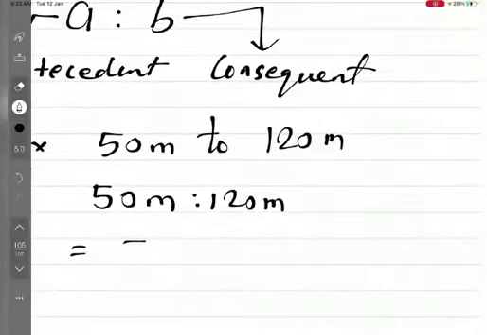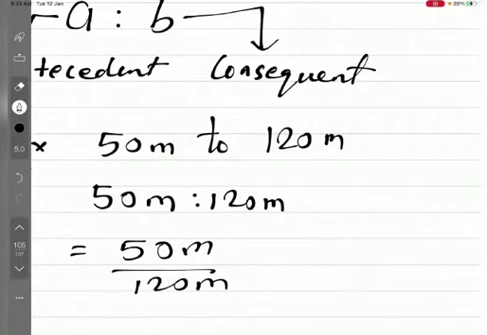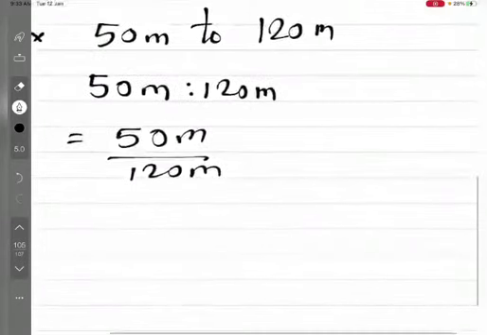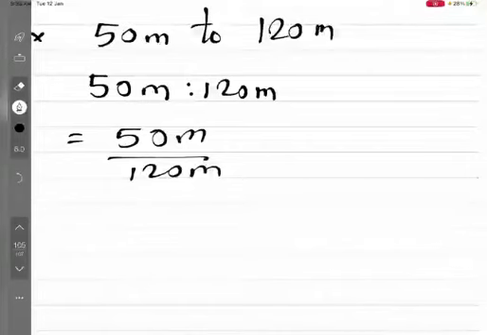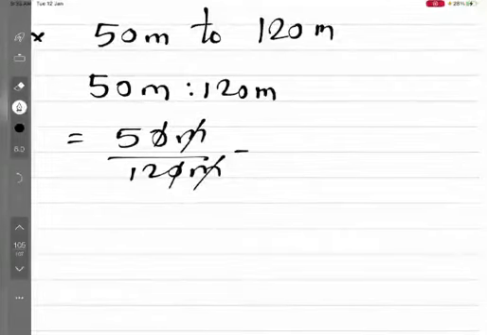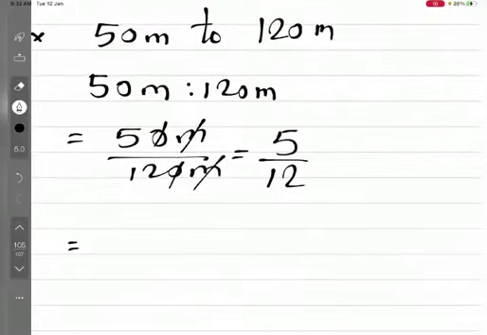Now it becomes 50 meters upon 120 meters, because we can write the ratio in the form of a fraction. Now the meters cancel out and the 0 also cancels, so it becomes 5 upon 12. So the final ratio between these two quantities is 5 to 12, and this is the answer. So this is the concept of ratio.